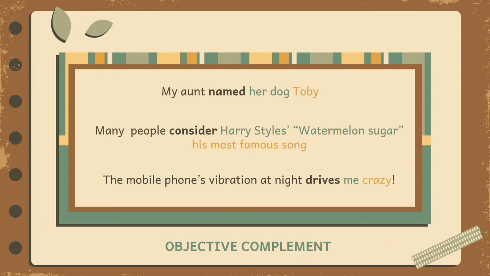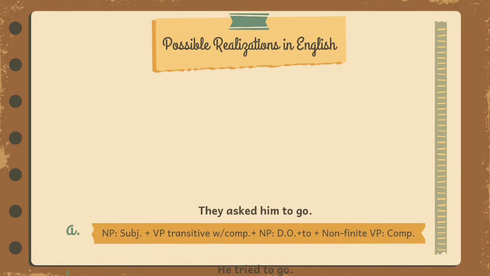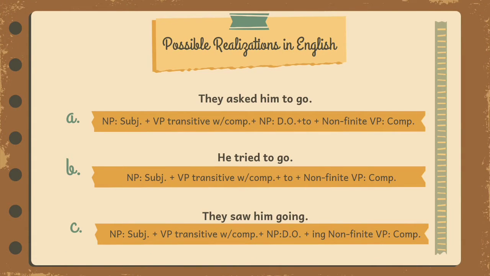Taking this into account, we will now make a comprehensive description of this pattern, beginning with its possible realizations in English and continuing with those possibilities that are found in Spanish. In English, we have a total of 9 possible realizations, which we are going to list from letters A to I as follows. A. They asked him to go.